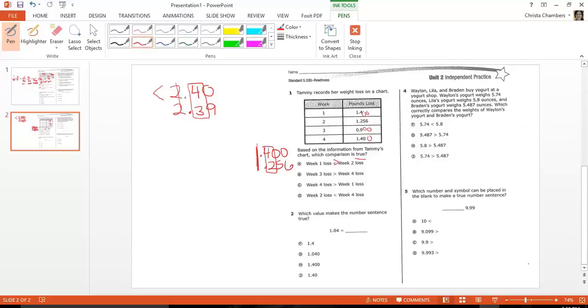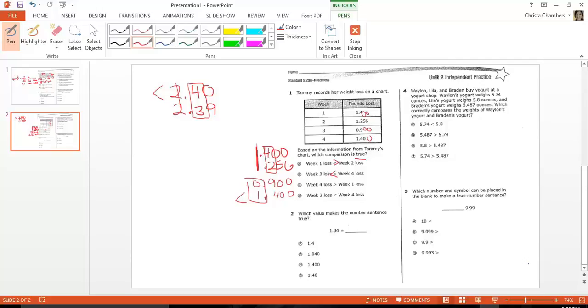Okay, let's look at B, week 3 and week 4. I'm going to go ahead and write them: 0 and 900 thousandths compared to week 4, which is 1 and 400 thousandths. In the ones place, 1 is bigger than 0, so we can tell in the ones place which one is bigger. So it should actually be the other direction.